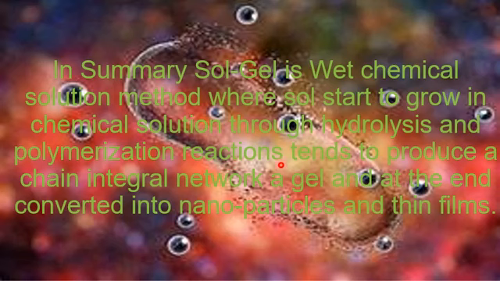form a sol, and that sol basically after heating and aging, is converted into an integral network of gel. The gel is basically produced due to increase in viscosity of the solution of the sol, and at the end the gel is converted into a nanoparticle at higher temperature, higher annealing or sintering temperature, or even a drying temperature of the solution.